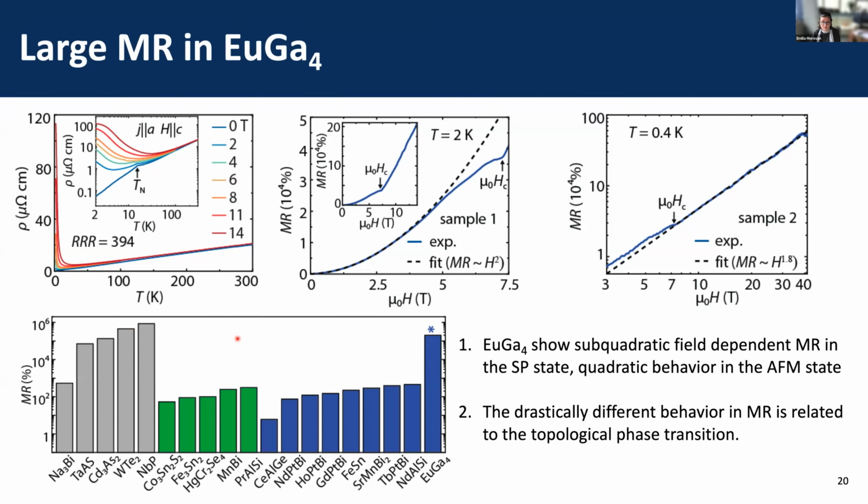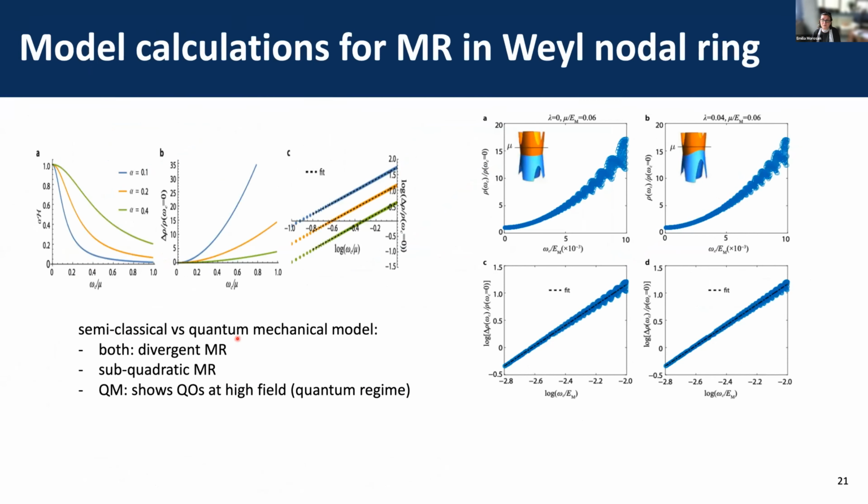So if we try to look deeper into an explanation for this magnetotransport properties, a semi-classical model is shown here on the left, together with the quantum mechanical model, which is what I'm showing you here on the right. There are details which I'm not going to go into here, primarily because I would hope that my theory colleagues can explain this better than I can.